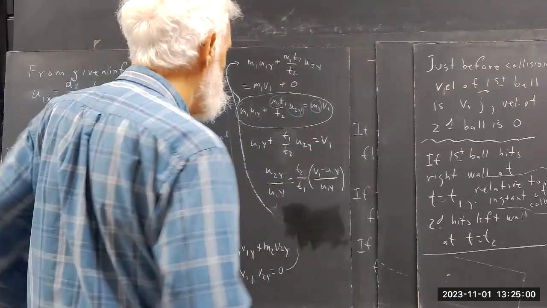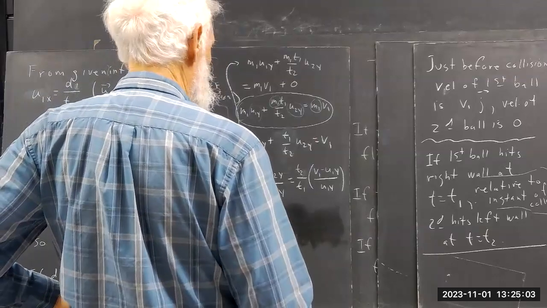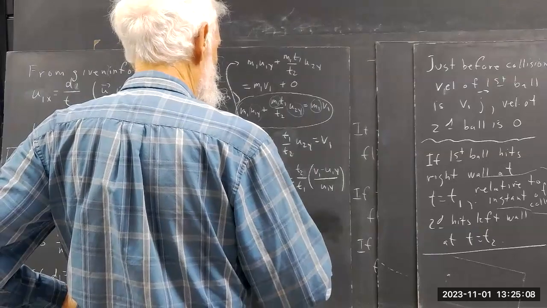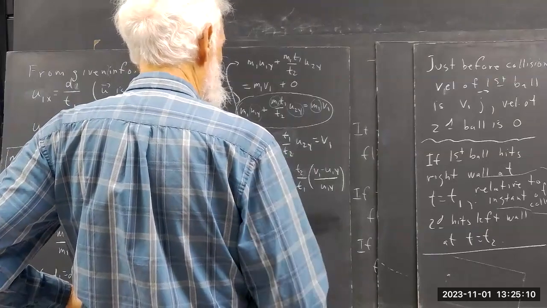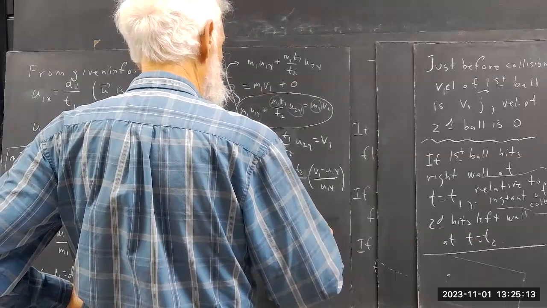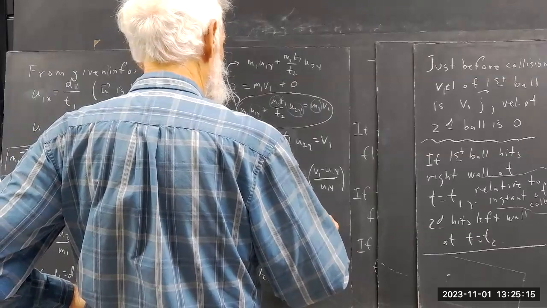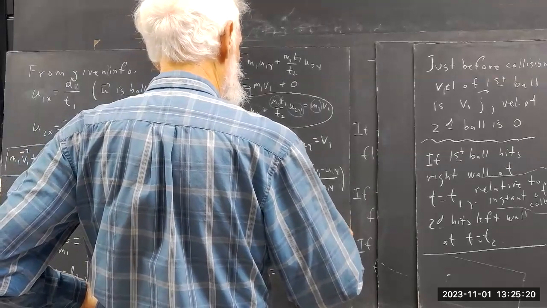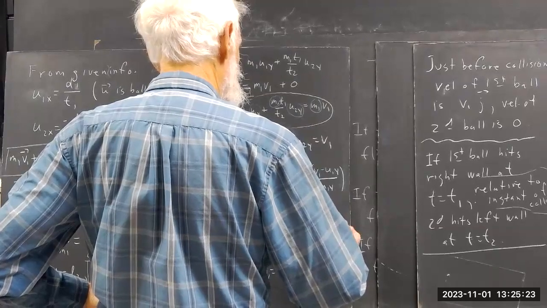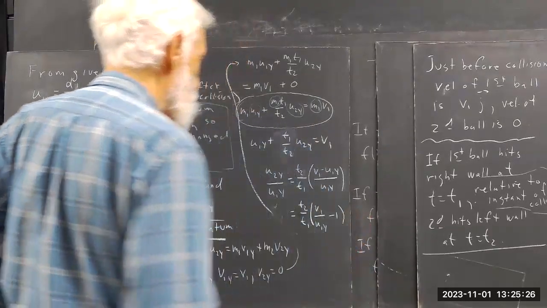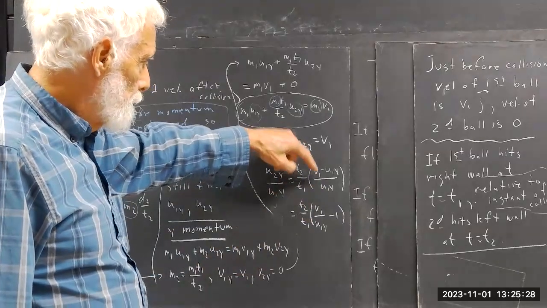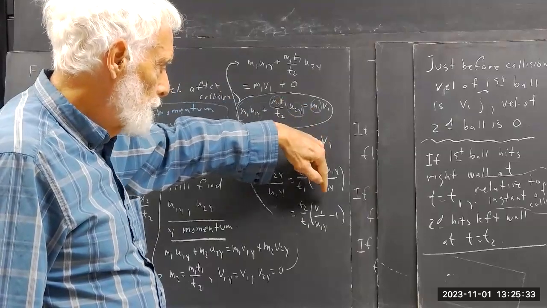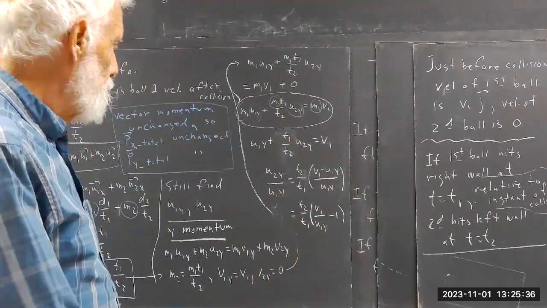In the first place, we divide V1 by U1Y, minus, divide negative U1Y by U1Y, and we get this expression.